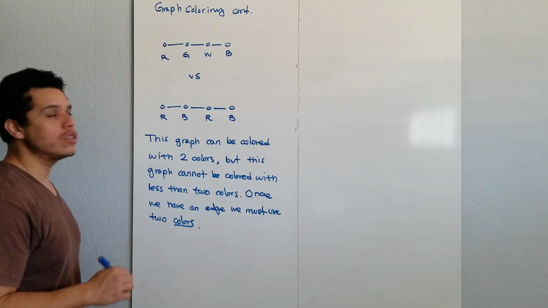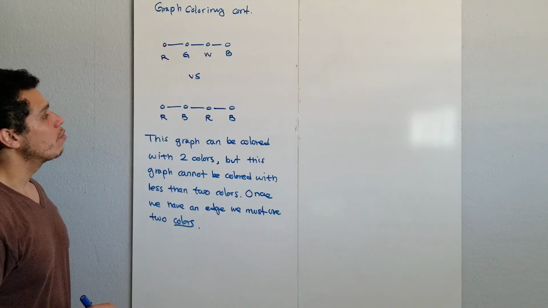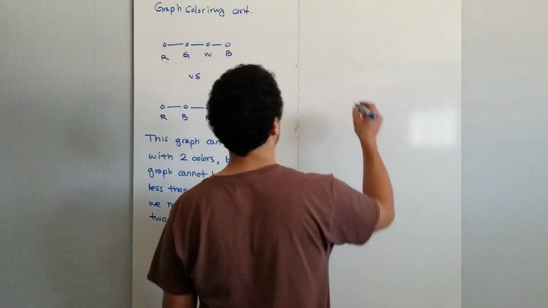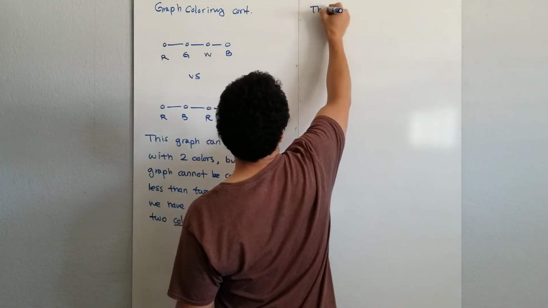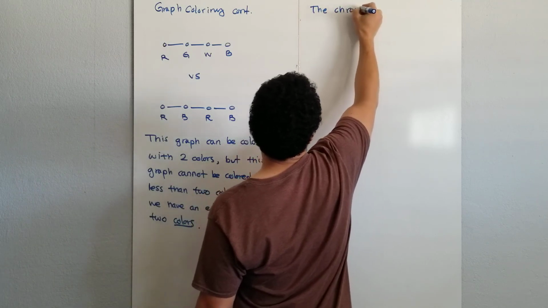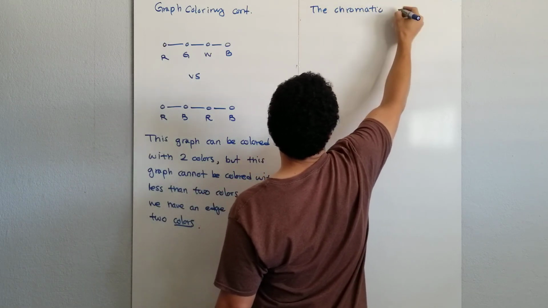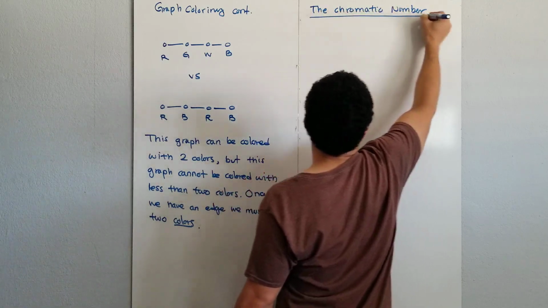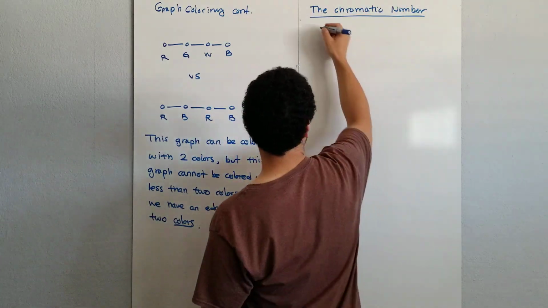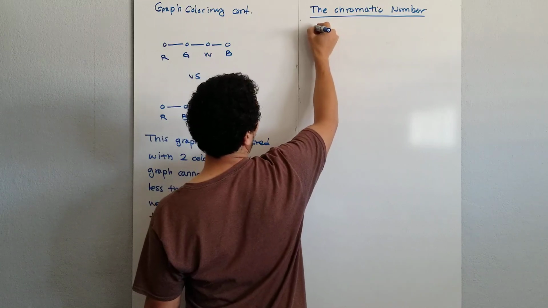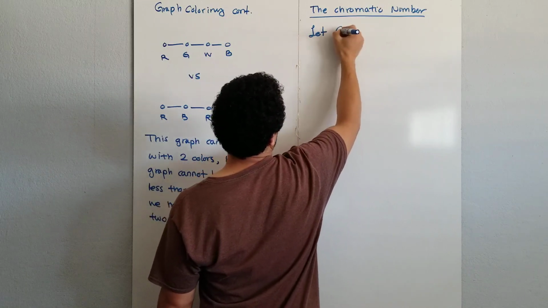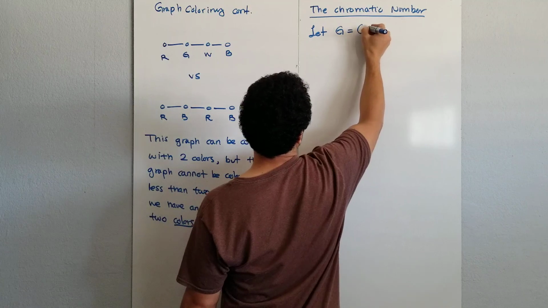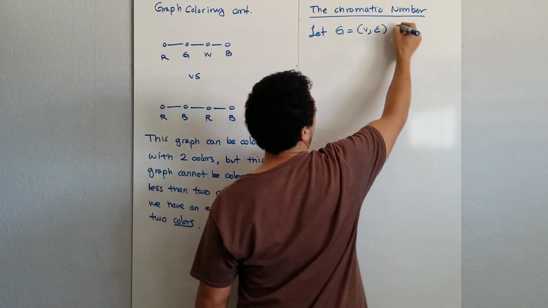So this is guiding us to the following definition: the chromatic number. I'm going to start with a graph G. Simple.